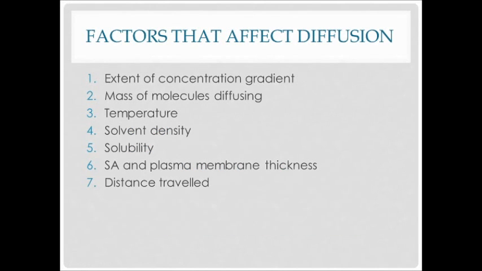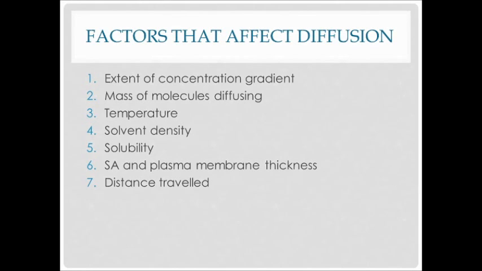There are some factors that affect diffusion. The greater the difference in the concentration gradient, for example, the more solutes that are on one side rather than the other, makes for more rapid diffusion. The heavier the molecules that are diffusing, the slower the diffusion will take place. The higher the temperature, the greater the rate of diffusion. The higher the density, the lower the rate of diffusion.